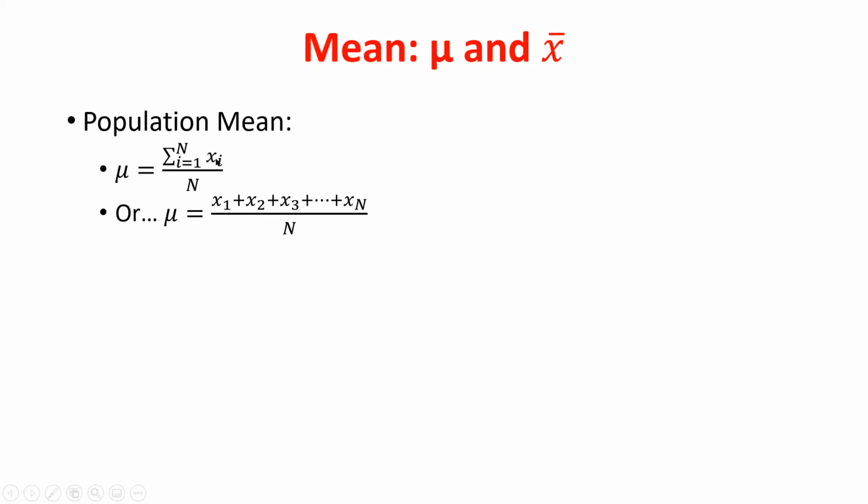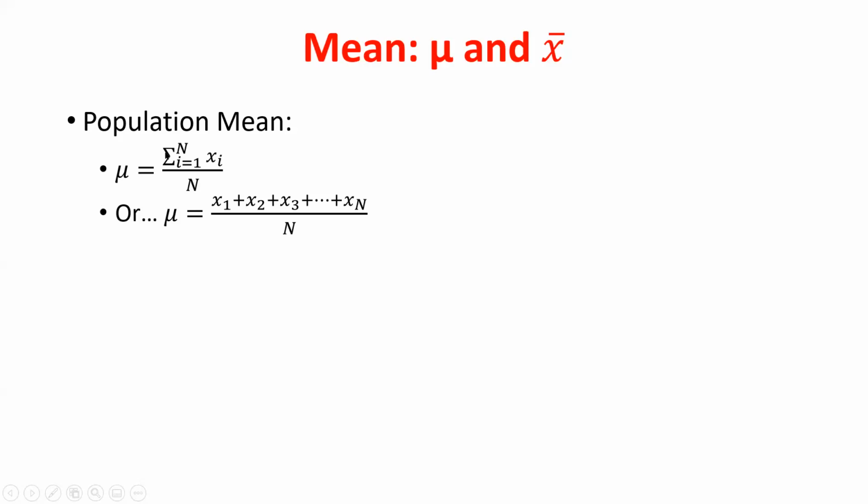What's to the right of this summation sign is just x1, the value for this x variable from the first observation, x2, the value for this x variable from the second observation, and so on and so forth.